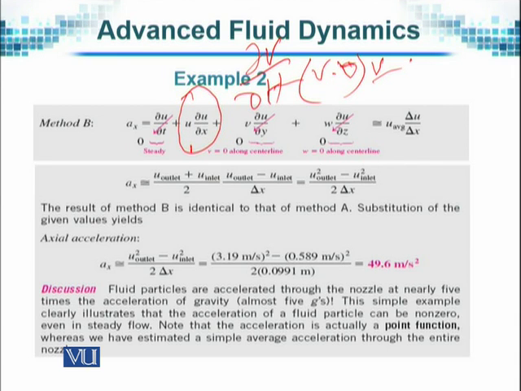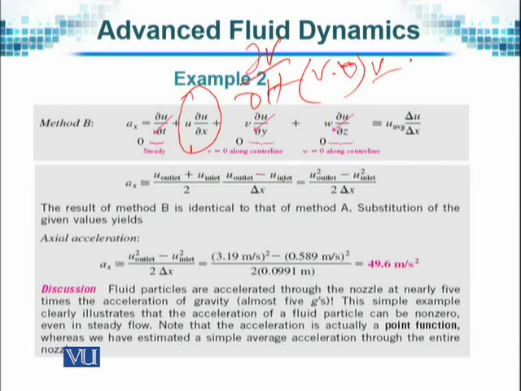If we calculate it, then the acceleration component x is equal to u, which is u outlet plus u inlet over 2, that is the average u, times the difference in u, because du by dx is the difference divided by delta x.